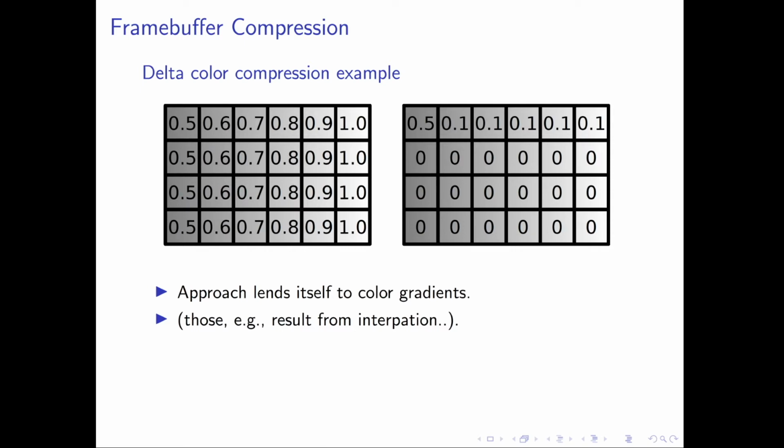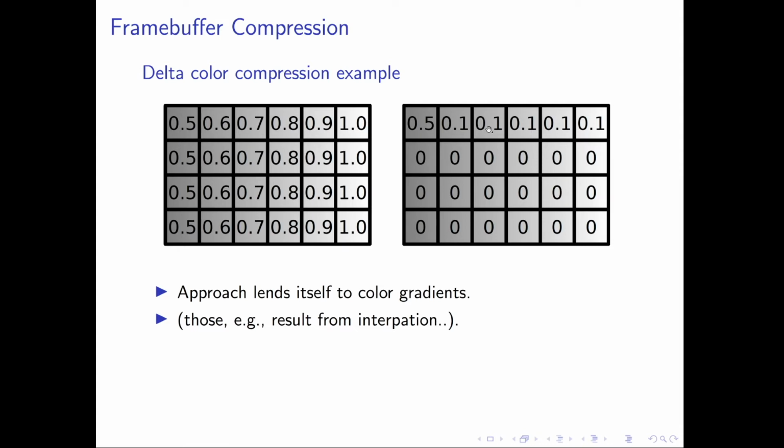Here I'm showing this using the example of a floating point representation with an image that contains only gray values. As you can see, the compression that I can apply here can compress this quite a lot. The base color that I'm using here is this 50% gray. And then I can represent the whole row with those differences in regard to the left neighbor with a difference of 0.1, right?